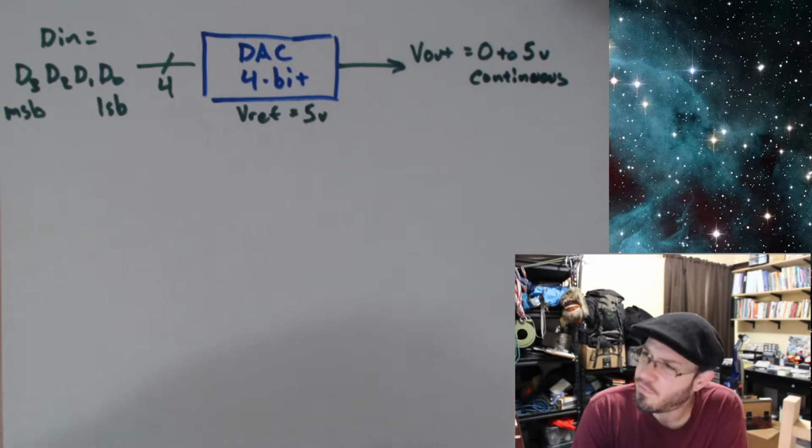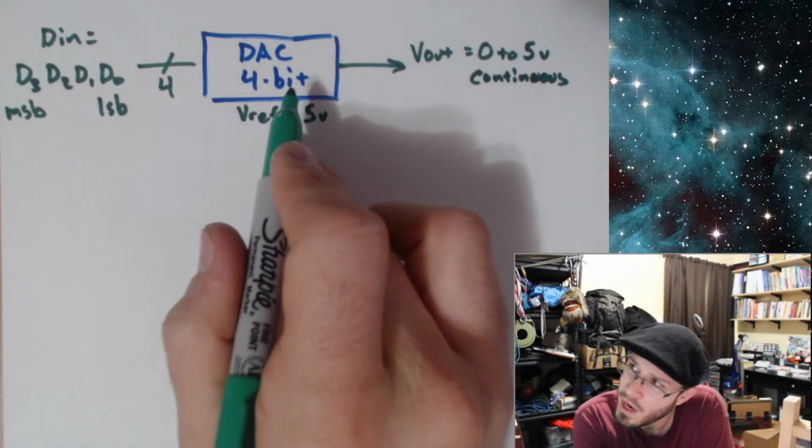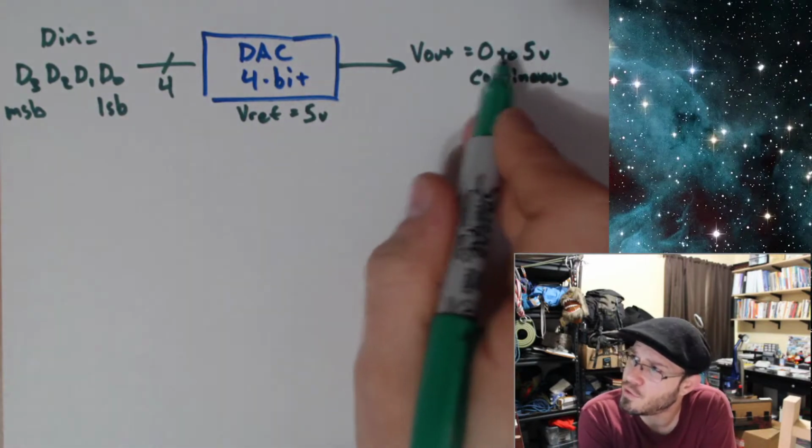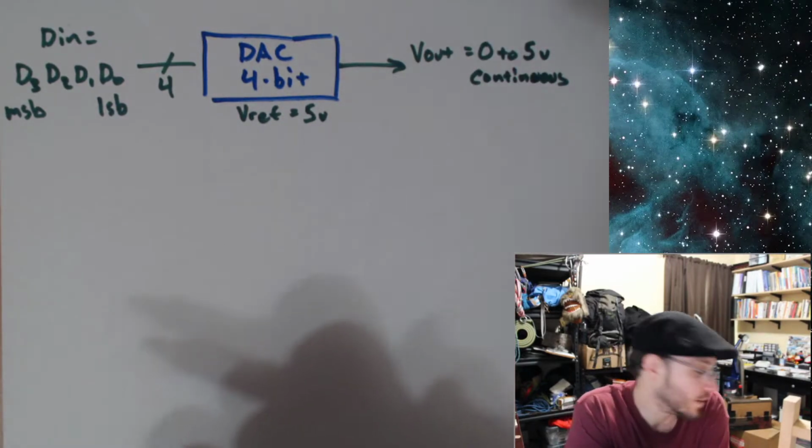Now, with only 4 bits of resolution, we are limited on the amount of values that we can represent between 0 to 5 volts.